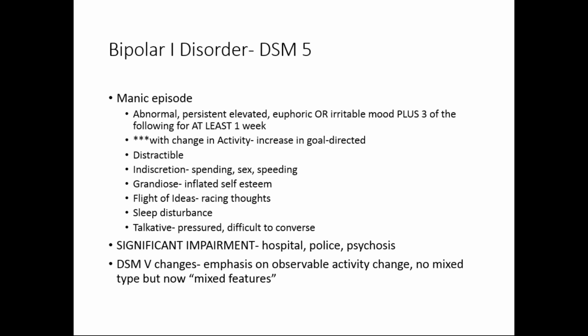This could be sex. This could be gambling. This could be spending money on other things. This could be risky behavior like driving too fast, like sexual indiscretions, sleeping with lots of people, having affairs when this is not typical behavior for the person.